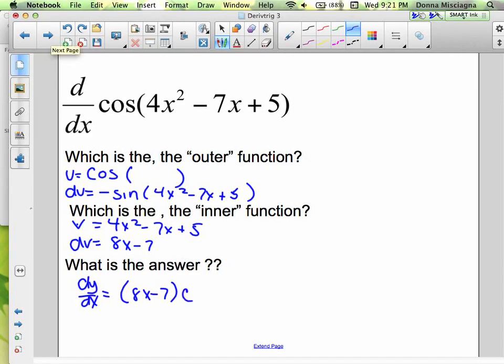And now I don't need to use parentheses for the sine part, but I'll use parentheses for what we're taking the sine of. And don't forget we had a negative here, so let's add that negative. So negative 8x minus 7 in parentheses, and then we can just put the sine. And now we'll need parentheses because we're taking the sine of the whole thing: 4x squared minus 7x plus 5, and that's all there is to it.